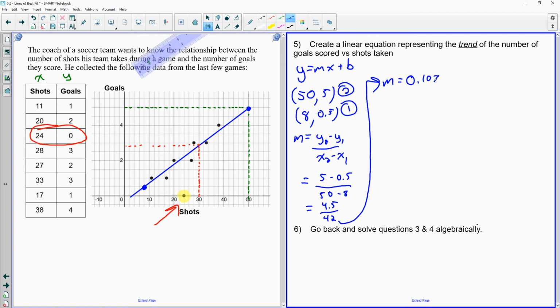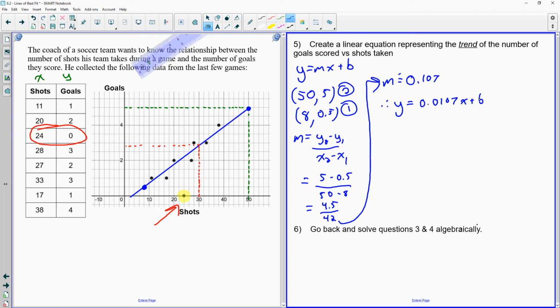Try to use as many decimal points in this case as we can to try to get a nice accurate representation. So there's my slope, 0.107. So that's my m. So therefore, I know my equation is y equals 0.107x plus b. So now I need to go after that b value, that y-intercept.